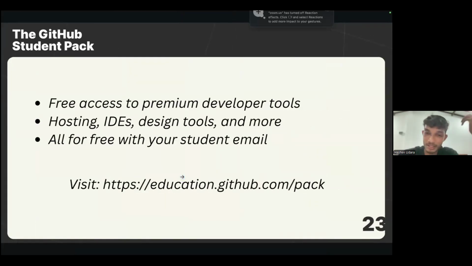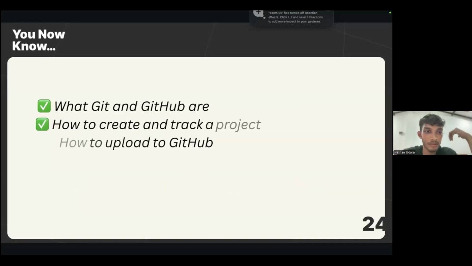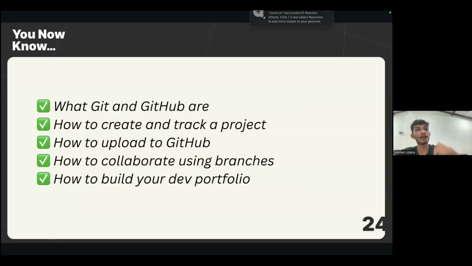Okay, that's all I need to cover. So now you all know what Git and GitHub are, how to create a project and track that project, and also upload that local repository to our remote repository, and also collaborate using branches, how to merge them, and also how to build your developer profile, and also make sure to apply for the student package as well.